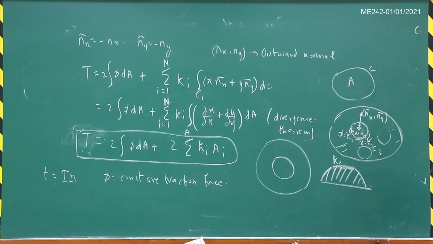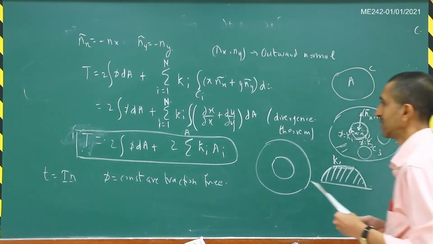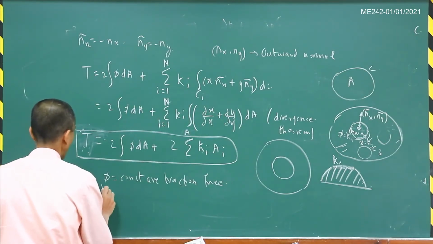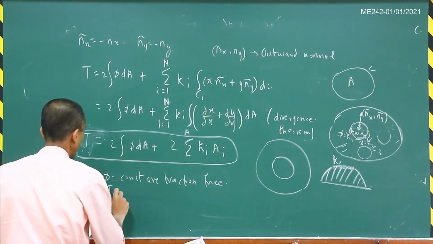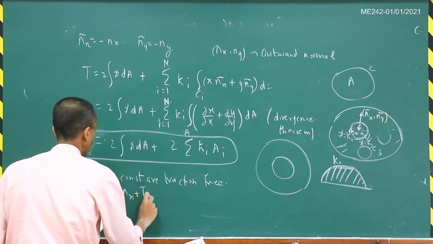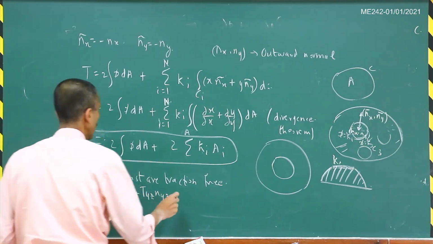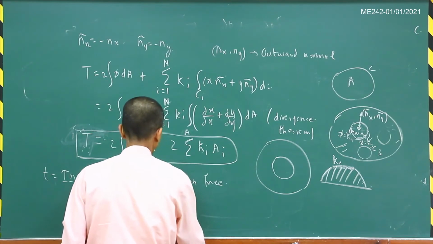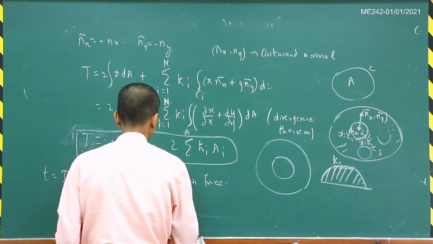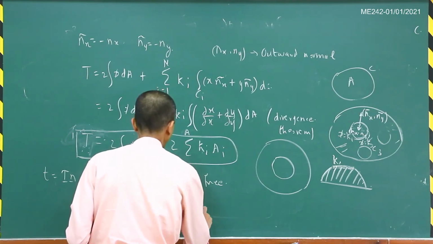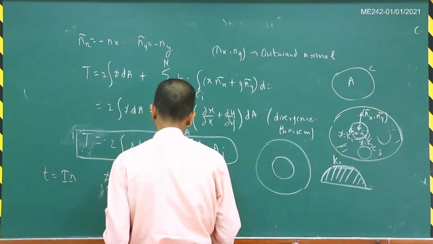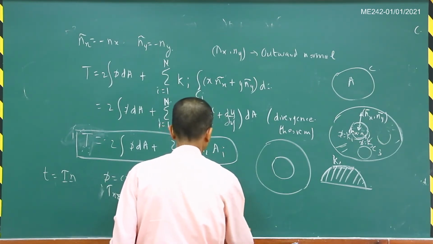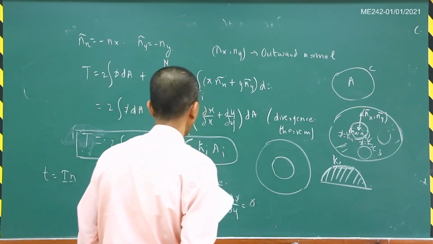So let us just do this. That is tau xz times nx plus tau yz times ny is equal to, so this is tau xz is del phi by del y times del phi by del x minus del phi by del x times del phi by del y, and that you will see is equal to 0.